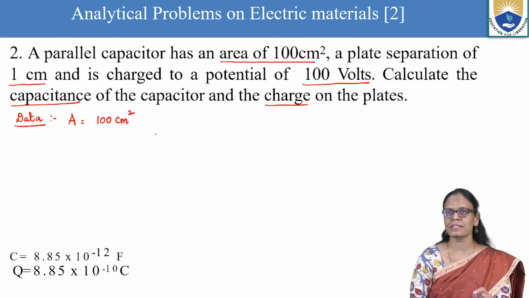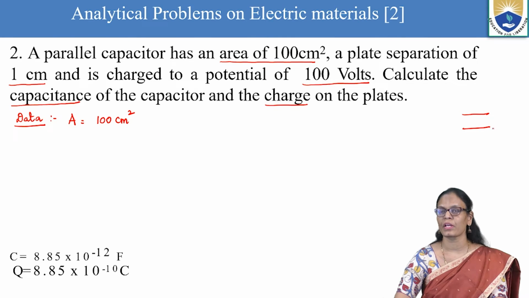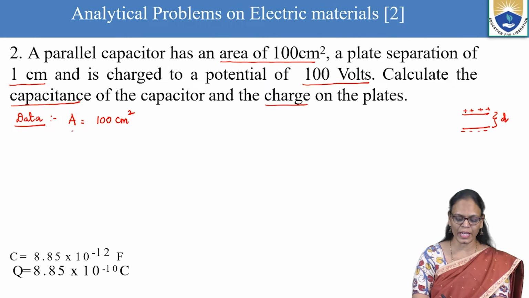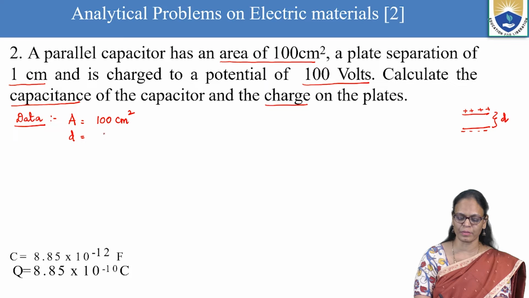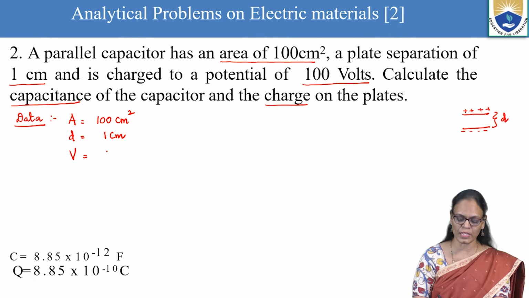And plate separation means, whenever we are talking about a capacitor, it has two plates where we consider maybe this is the charge, how it is deposited, and this is the separation between the two plates. So D is given as 1 centimeter, and this capacitor is charged to a potential of 100 volts. So V is 100 volts.